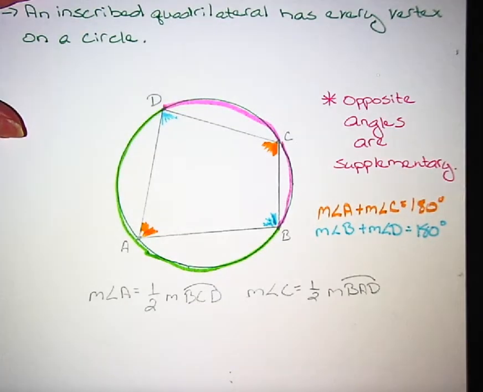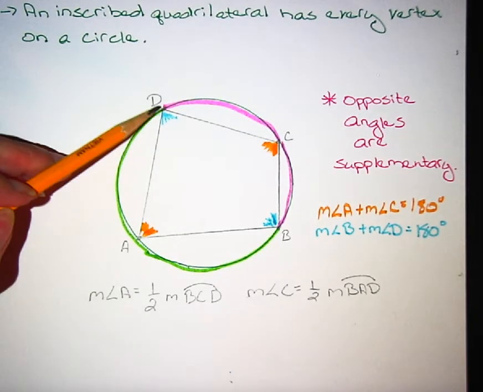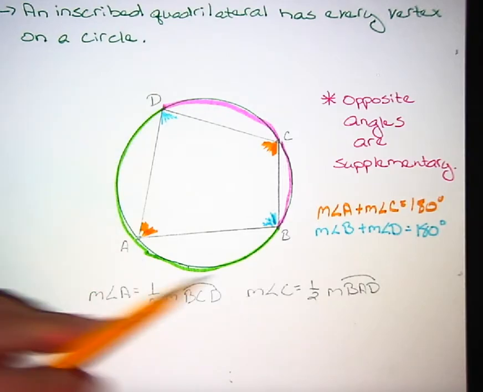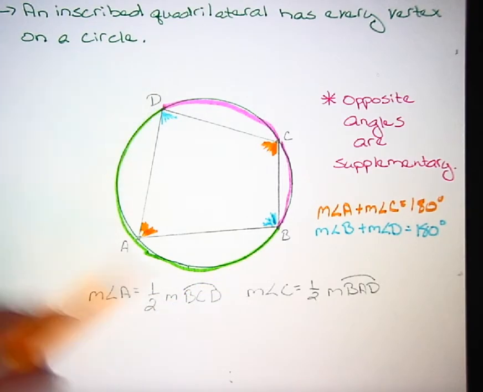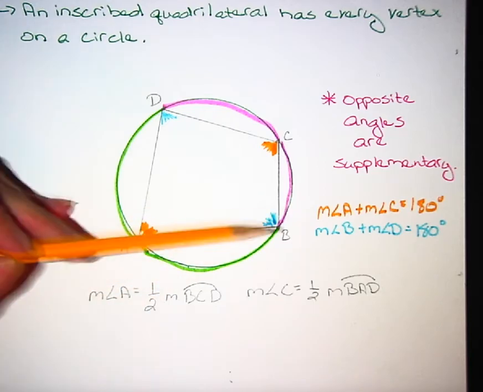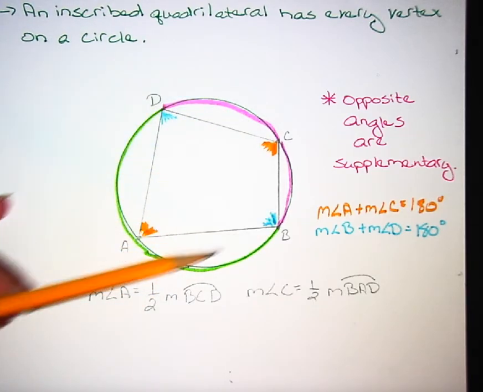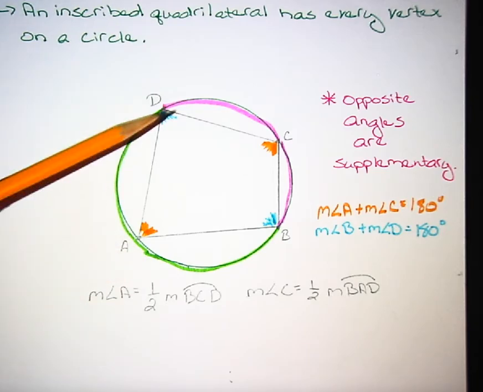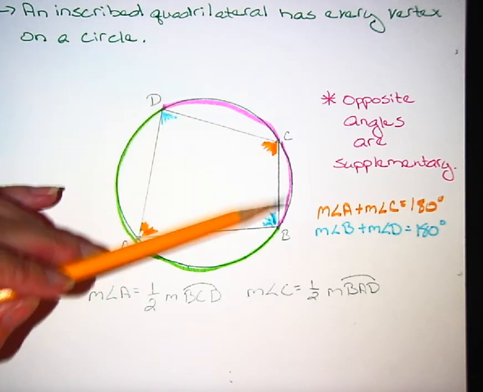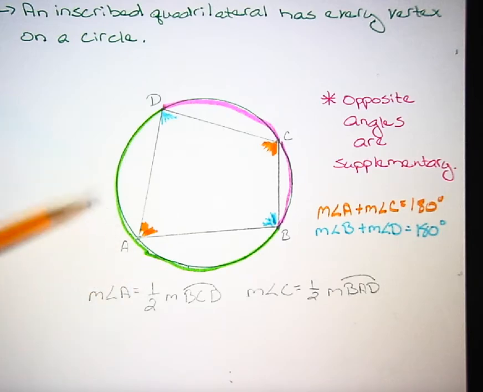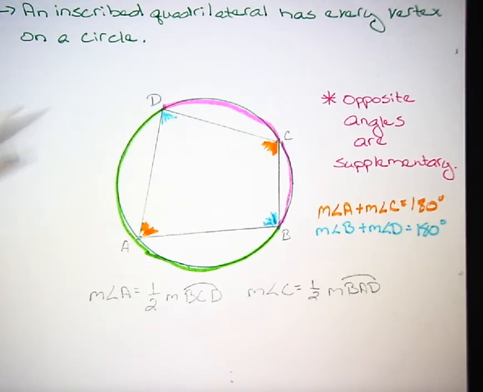All right. Now, what do we also know about BAD, this green arc, and BCD, the pink arc? Well, they form the entire circle. That means that if I add the two arcs together, they have to equal 360 degrees because there's 360 degrees in a circle.